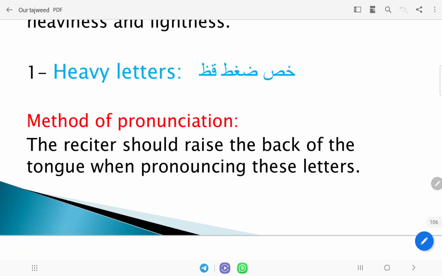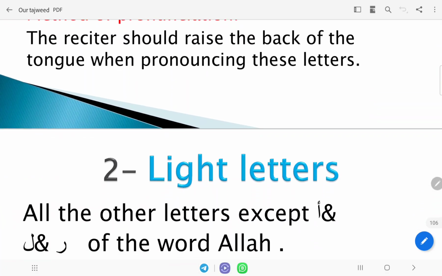How do we pronounce these heavy letters? When you find one of these 7 letters, you should raise the back of your tongue and pronounce these letters.